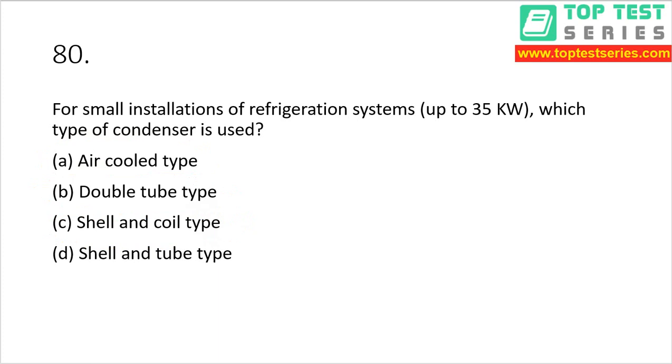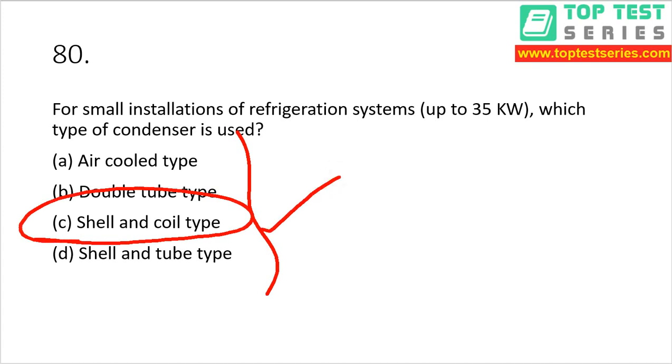Shell and tube, which is really amazing. So you can remember this: air cooled 5 kilowatt, double tube 10 kilowatt, shell and coil up to 50 kilowatt, and then shell and tube, my dear, up to 1000 kilowatt. So my dear, option C is the correct answer for this question.